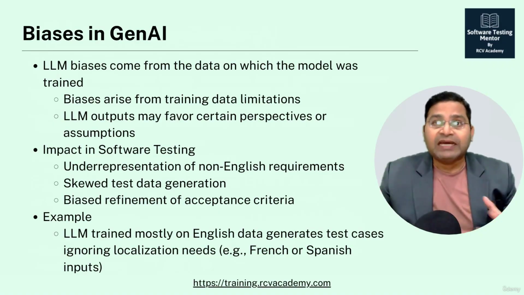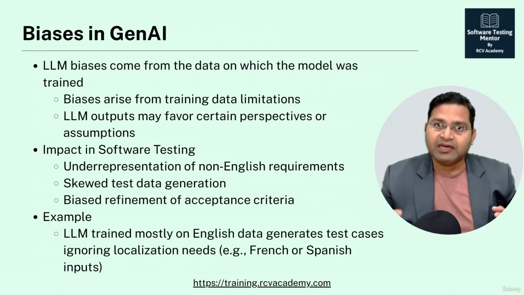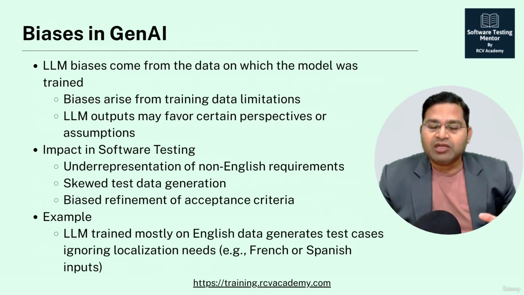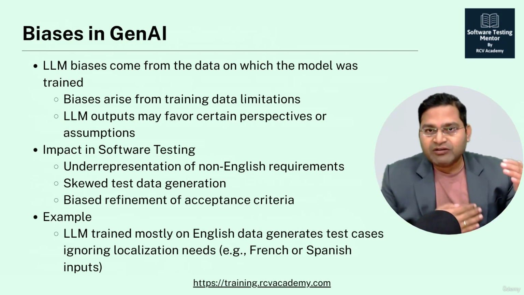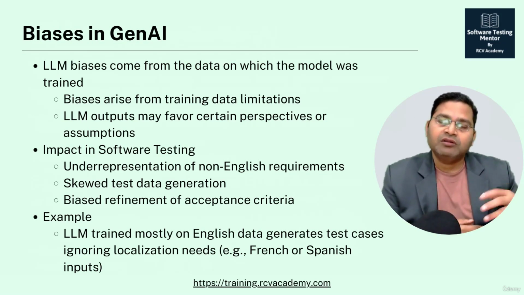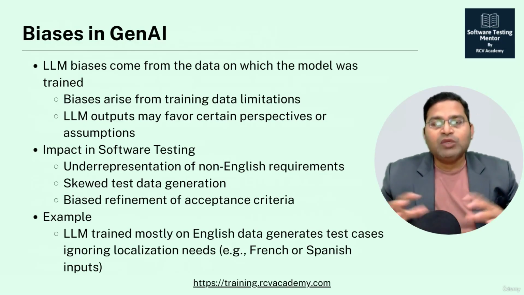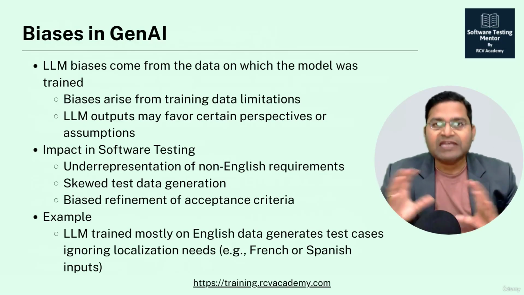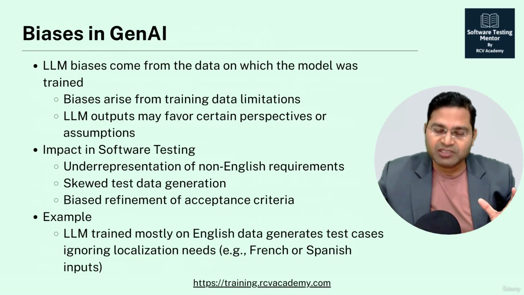So that's where biases come into the picture. Within the data, if you feed in wrong information or only a particular sector of people or demographics, for example only English speaking information has been fed into the model, other languages will suffer.